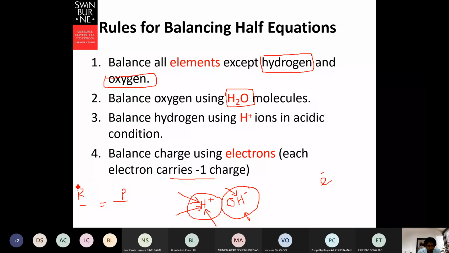So on the reactant side, A plus B, and on the product side, let's say C plus D. So the charge -1 should balance with +1 and +1. So negative and positive should balance out each other. Also the number of atoms should be the same on both sides. So charge should be balanced as well.